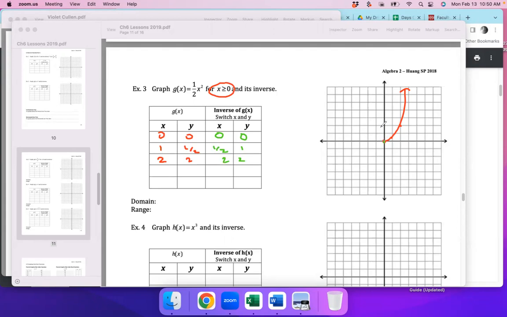Now doing 1/2, 1. So right there. And there you go. There's the inverse. So the red was the original. The green is the inverse.